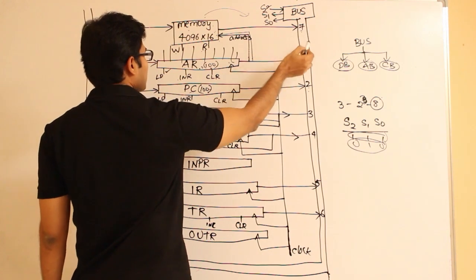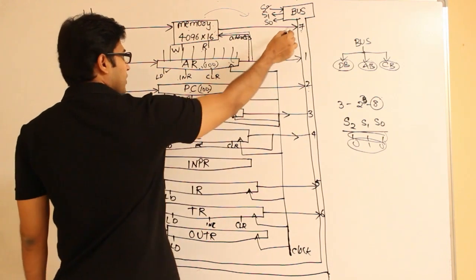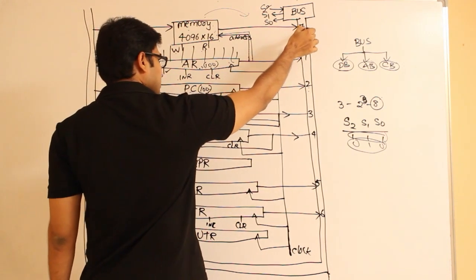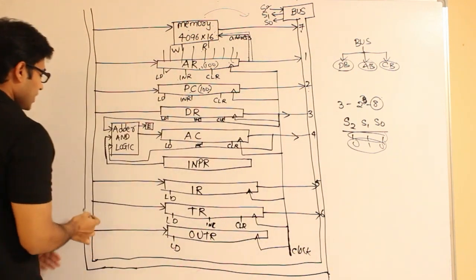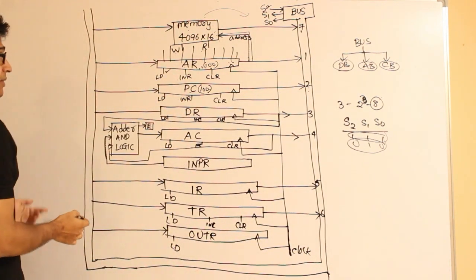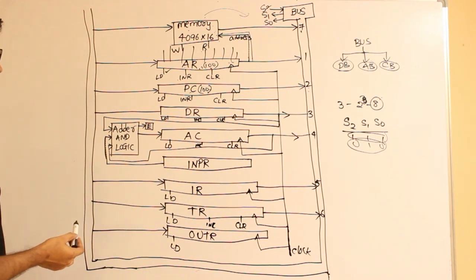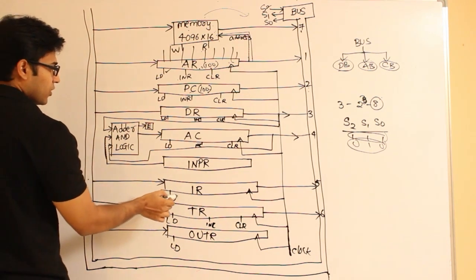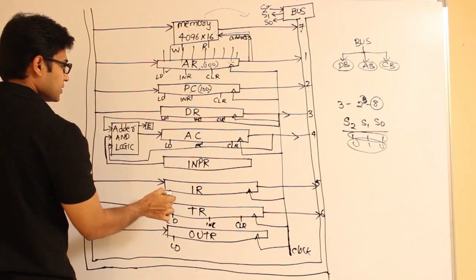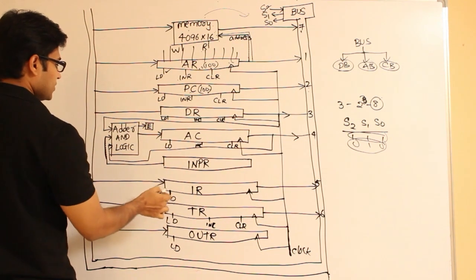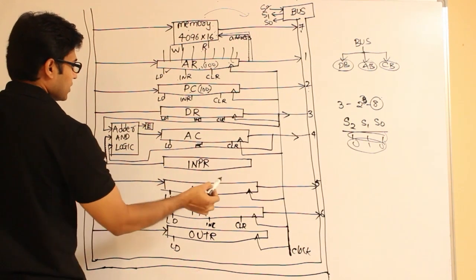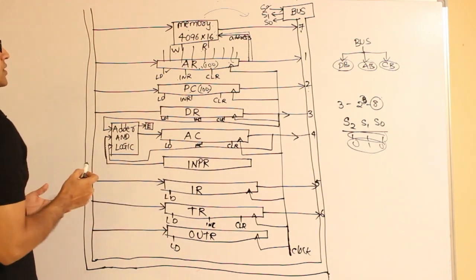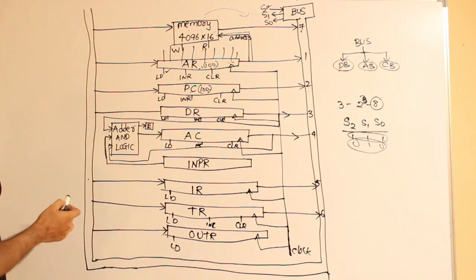We have to load it in the instruction register. Now when the instruction is present on the bus, it is available at the inputs of all the registers, but who has to read it? Only the instruction register. That is why the load of the instruction register is going to be activated. Once you activate it, it is going to get the instruction. That is how we got the instruction from memory to this.